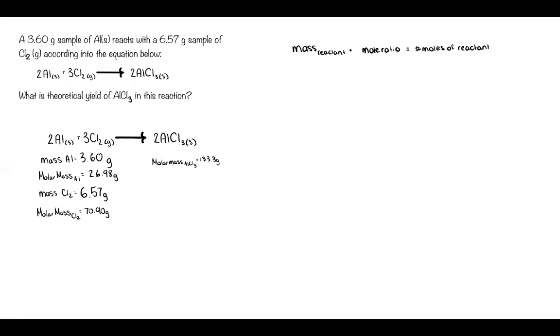To do so, we take the mass of our reactant, multiply it by a conversion factor, which in our case will be moles per grams, as we are converting to moles. If we were converting from moles to grams, we would use a conversion factor of grams over moles. Next, we insert the known quantities, which will be 3.6 grams of aluminum for the mass of the reactant.